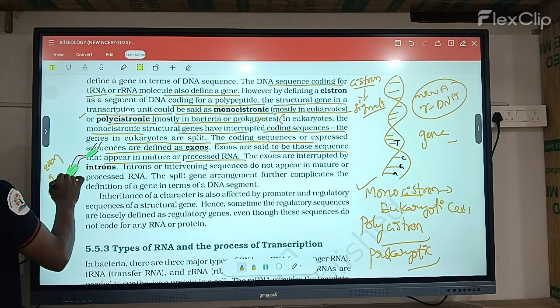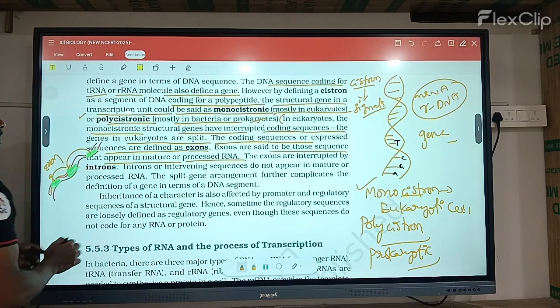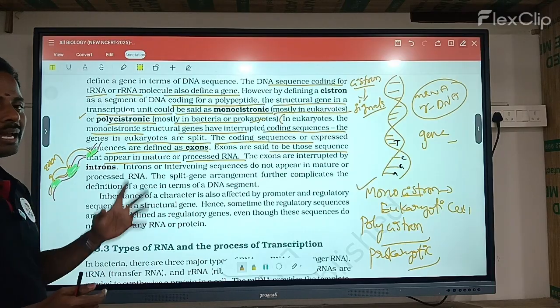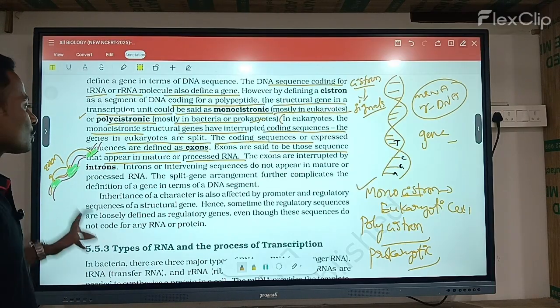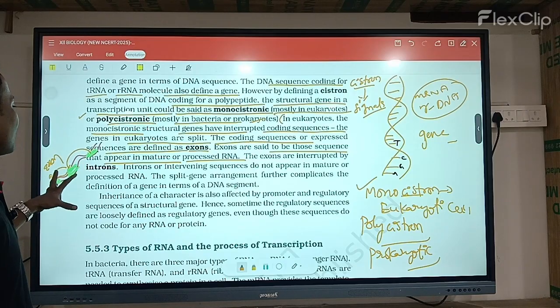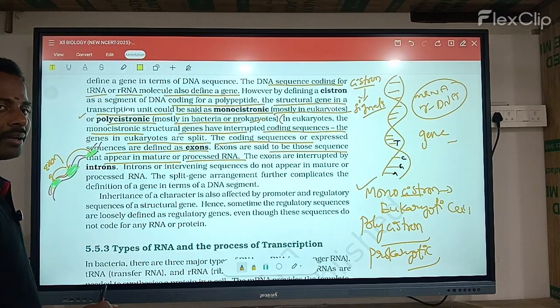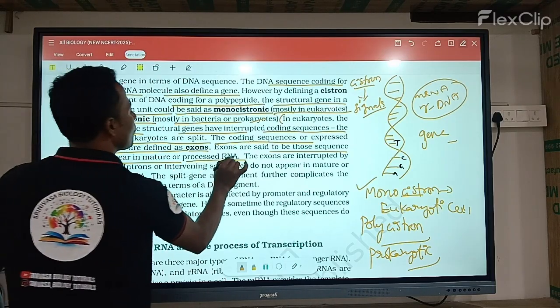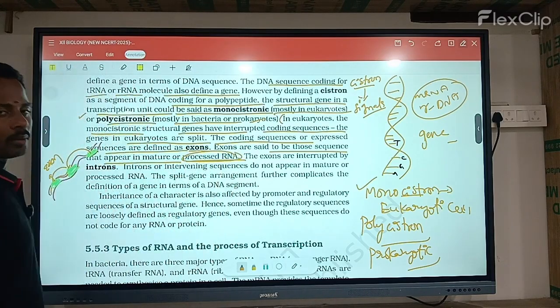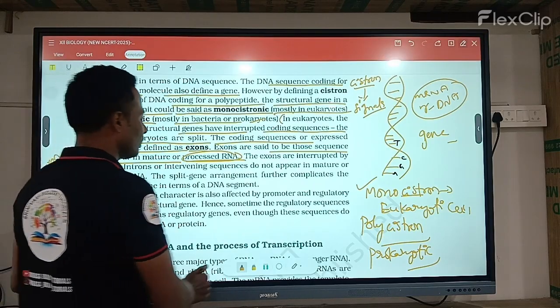So in this total coding sequence, the exons are the coding regions. These coding regions are joined together with the help of ligase enzyme, and the processed mRNA will be formed.